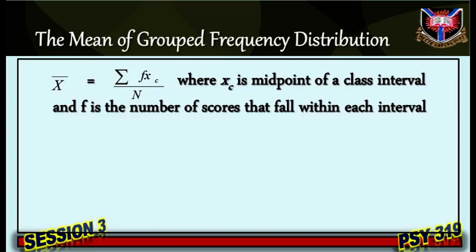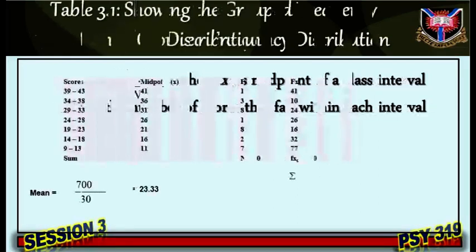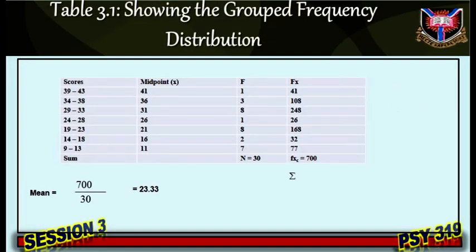To compute the mean for grouped frequency distribution, following the earlier example, the table below shows the grouped frequency distribution. In table 3.1, the midpoint is calculated by adding the lower and upper limit of each of the class intervals and dividing it by 2, e.g. 9 plus 13 is equal to 22 over 2, which is equal to 11.